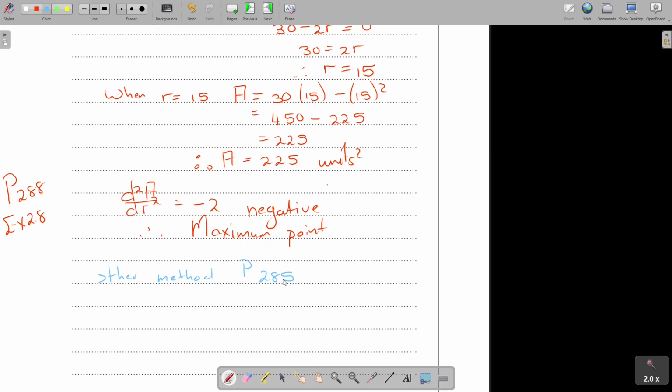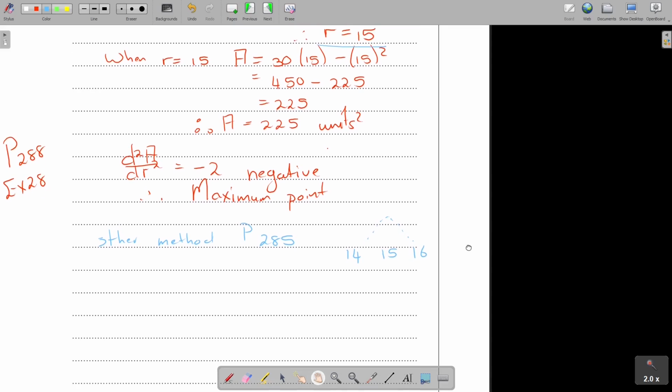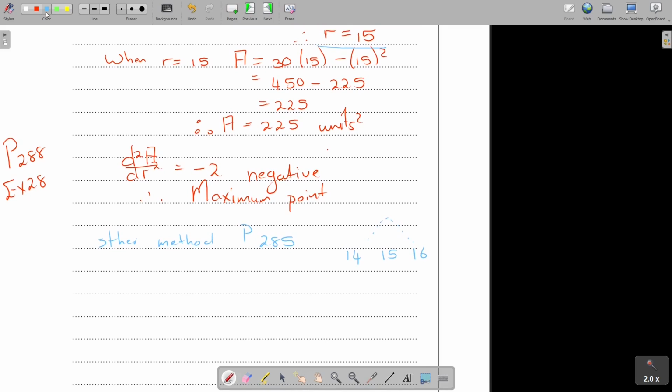It was the value of r there. So if you take 15, then you must take a value in front and behind, say 14 and 16, to determine how the curve will go. If you substitute 14, the point before, into 30 minus 2 times 14, you're going to get 2.